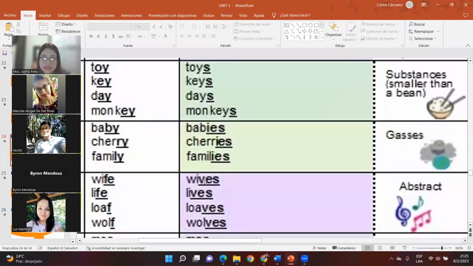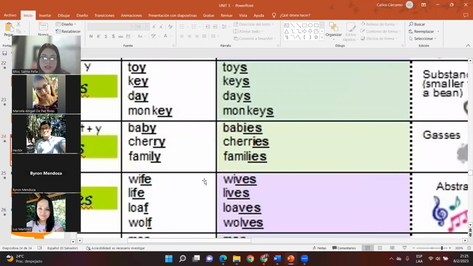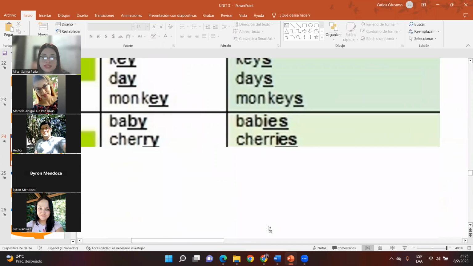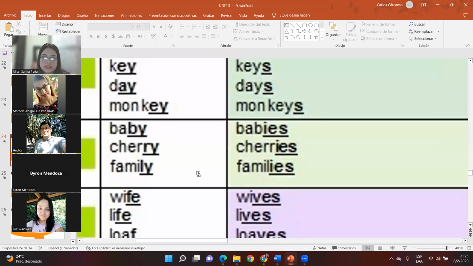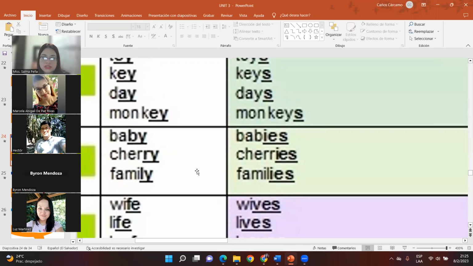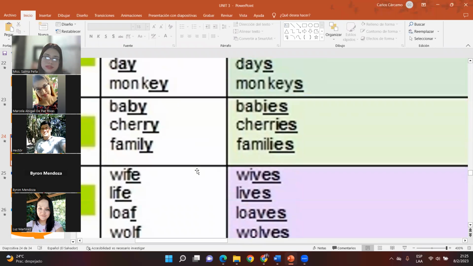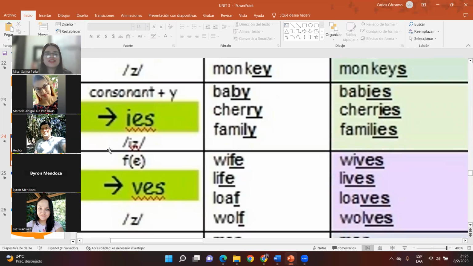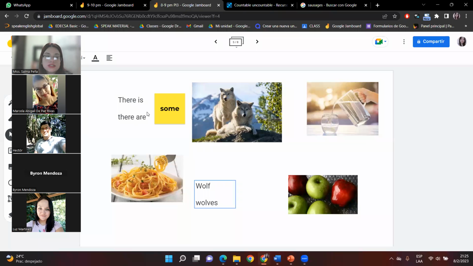Wives, lives, loves. Wolf, wolves. Because it's ending with F, and you change the letter F. I cannot move it. Sorry. It's the other side. Now, yes, you can see it. See? You eliminate F and you add V. That's why. But you told me there are some wolves, right? That was your answer.